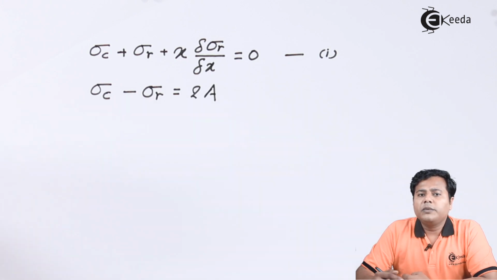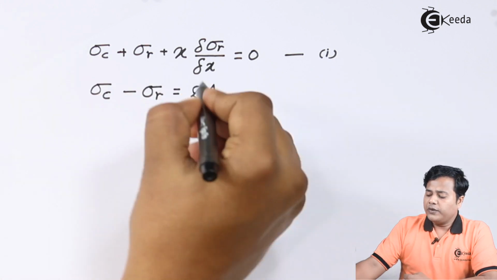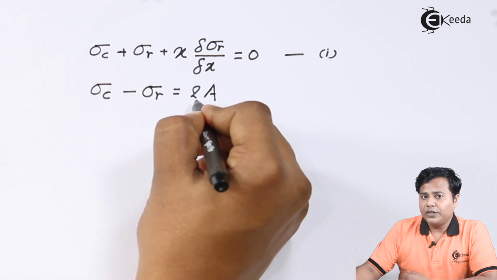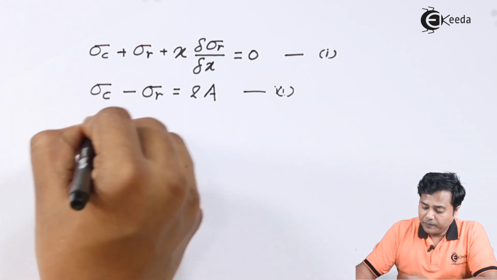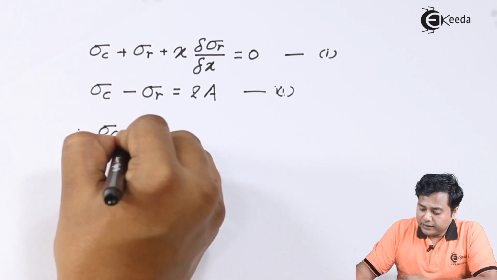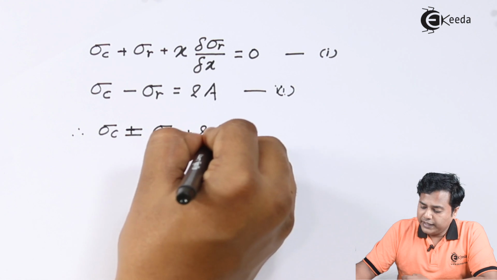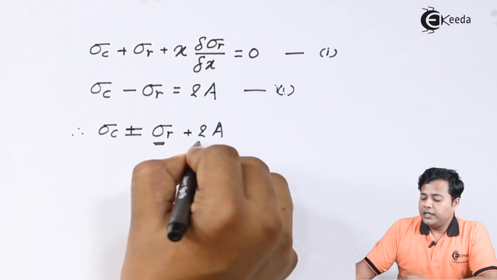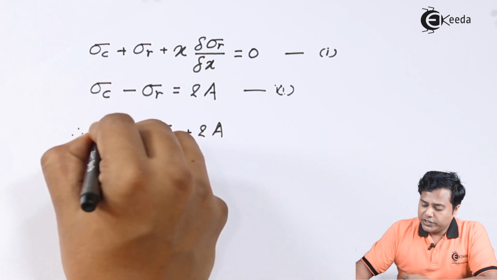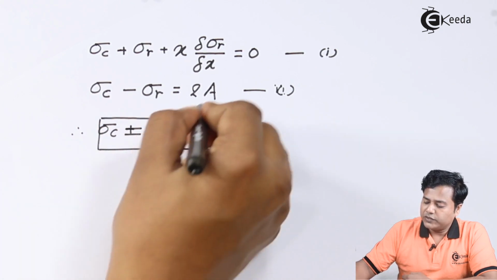So there is always some relation that lies between the circumferential stress and the radial stress, and that difference is given by some constant term. Hence we can say that sigma c is equal to sigma radial plus twice the A. This is an important aspect that is obtained from these two equations.